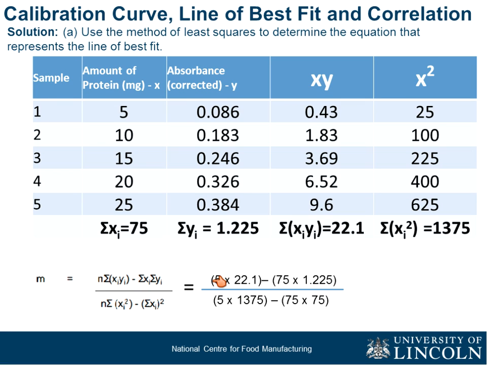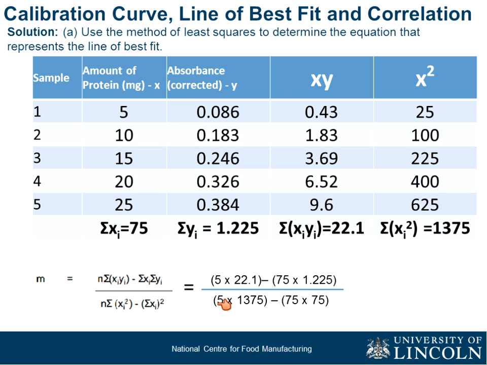Summation of XY is 22.1. Then the next one is summation of X, which is here, 75. Summation Y is here, that's 1.225. Then N again.